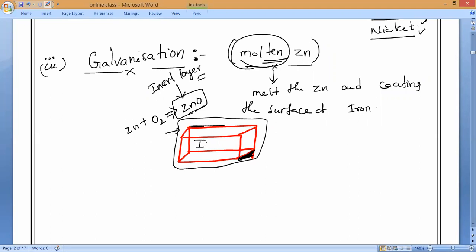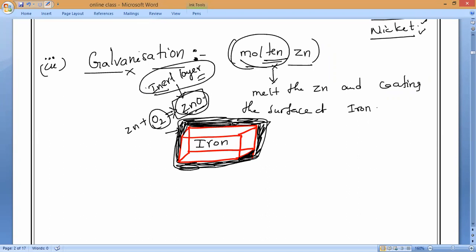Imagine this box is iron. All the top layers we coat with zinc. This zinc metal reacts with oxygen and forms zinc oxide. This zinc oxide is the inert layer, or the protective layer.